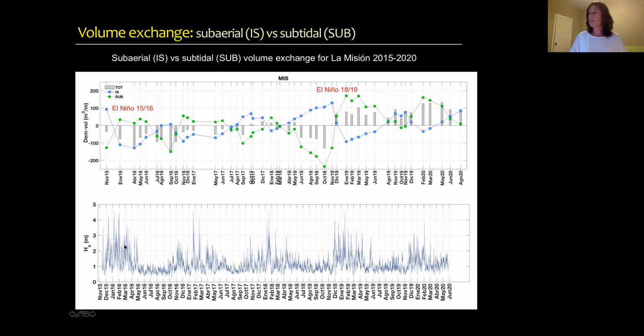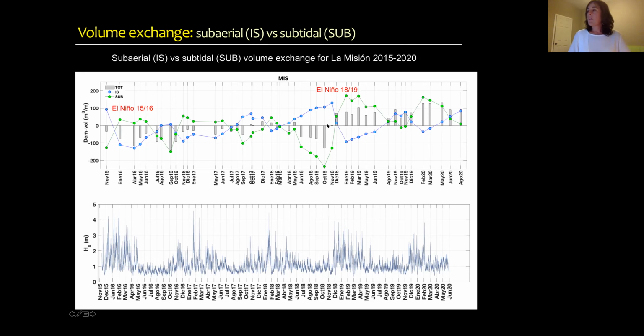We see that the El Niño 18-19 was less energetic, but in terms of volumes, we actually see a similar volume loss. Unfortunately, we started measuring this beach right at the beginning of the El Niño 15. So I wish we could have measured a few months before. But anyways, this is the rate of volumetric change that we see.